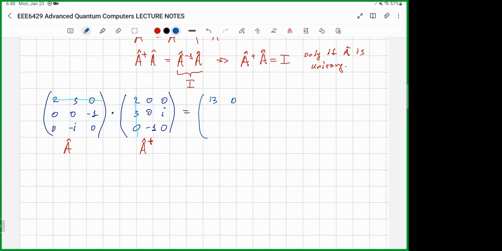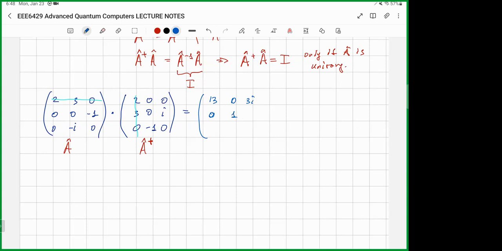The next element: 3 by i, so 3i. Next, the second row, minus 1 by minus 1 gives me 1.